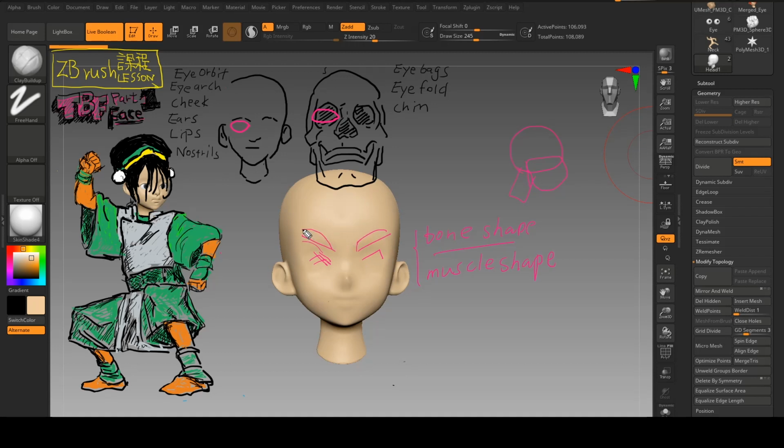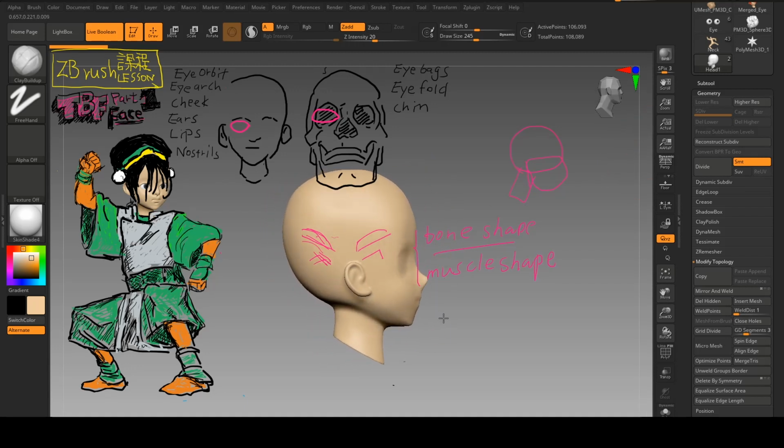Okay, anyway. This angle shape means the bone structure and the muscle structure too. See, look at that.